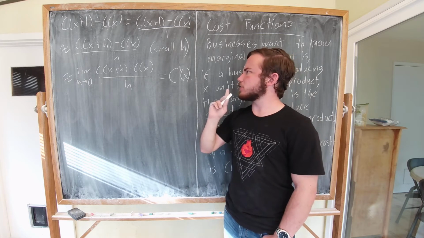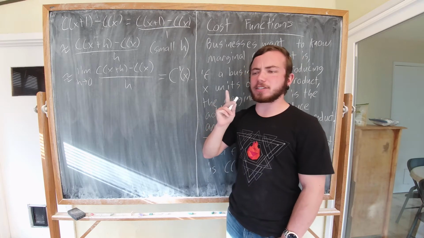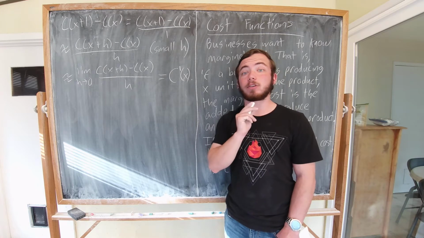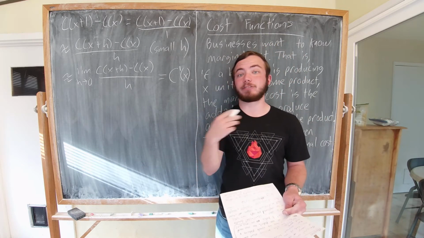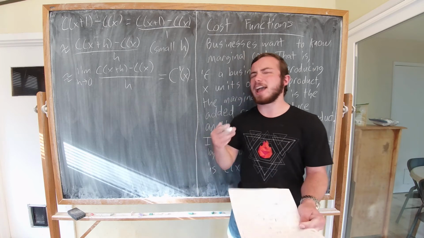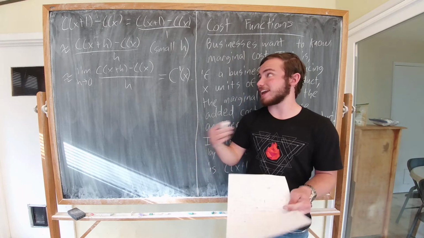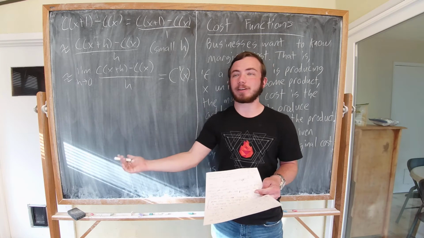But here, the short answer for now is maybe your cost function is really difficult to compute. Even for a computer, right? Different functions actually take different amounts of time for computers to compute, and even complicated functions can take a long time for a computer, right?